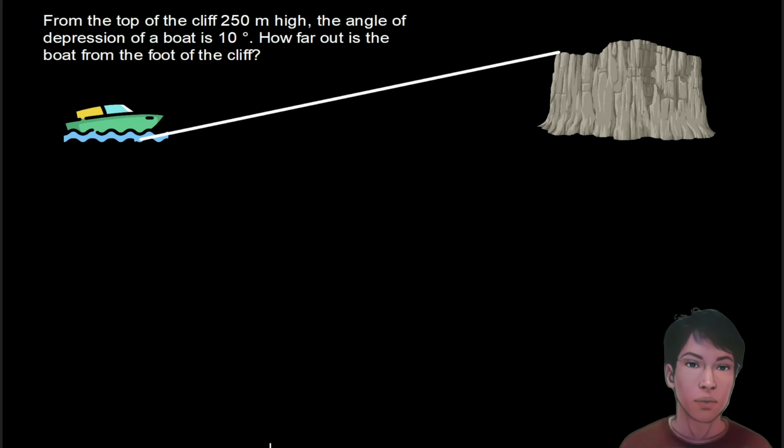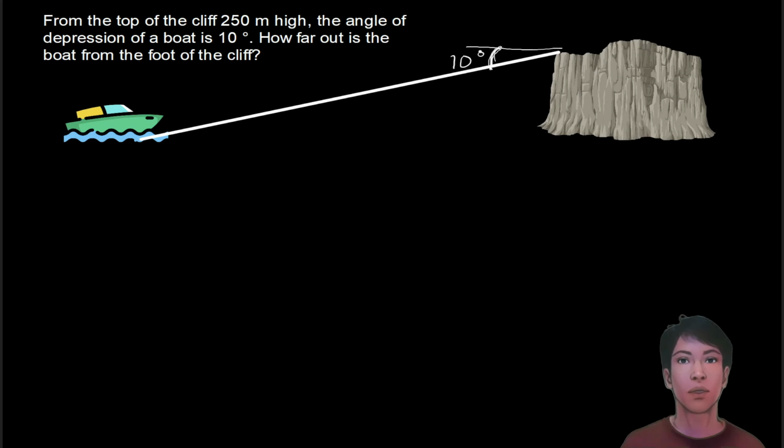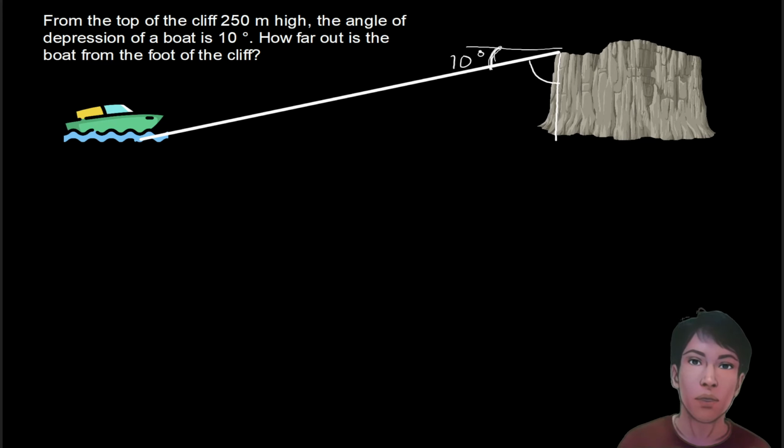The angle of depression. This is your horizontal line, so this is your 10 degrees. Then this angle is how much? That will be 80 degrees.